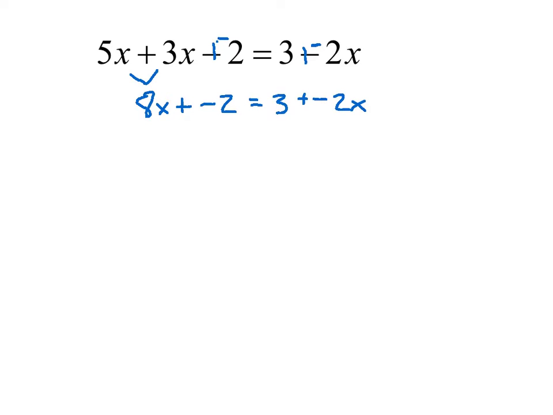So what is it that we need to do to get our x terms together, Haseen? Okay, so Haseen wants to add a positive 2x to both sides, which means he's going to get all of our x's on the left-hand side, which I imagine is most comfortable for the majority of you.